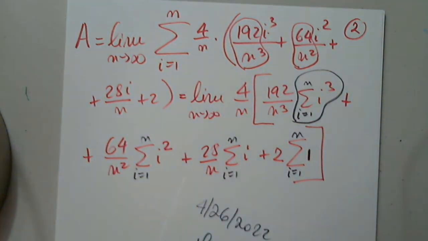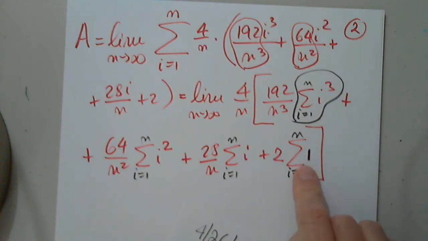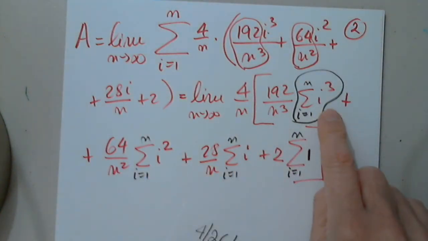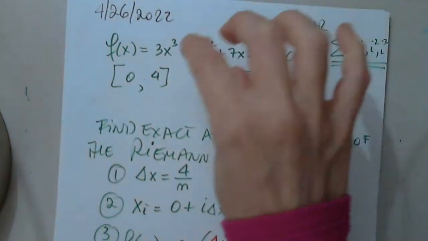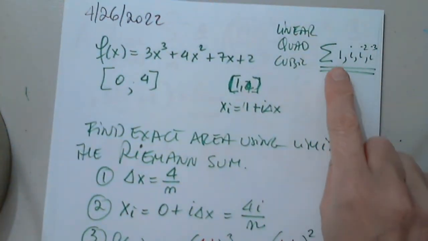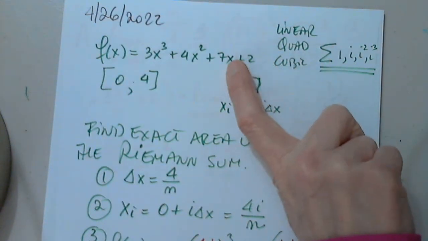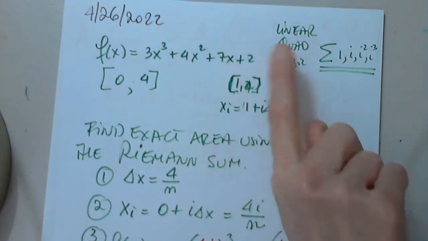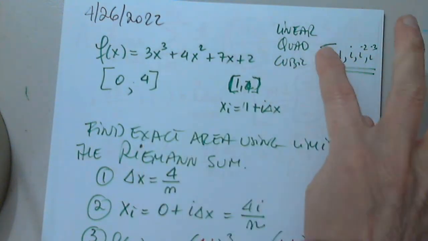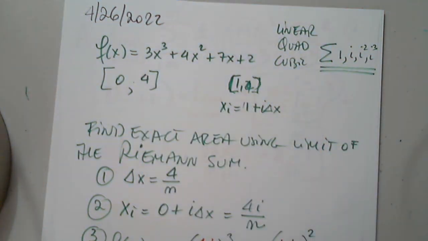These are the 4 identities: the sum of 1, the sum of i, the sum of i squared, and the sum of i cubed. So this time we picked a function that has a constant, has i, i squared, and i cubed. So we're going to use all identities.